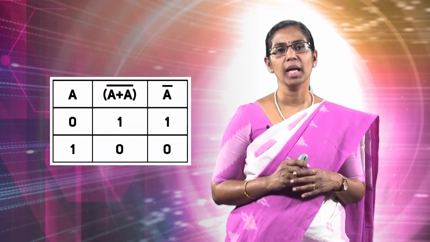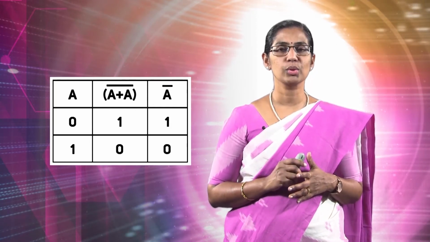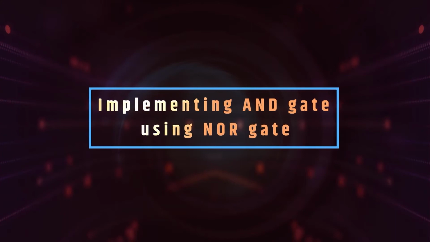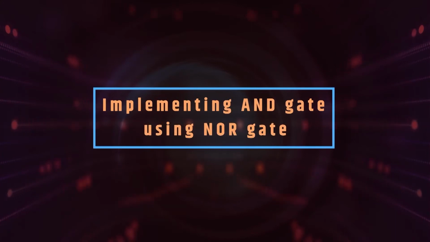Looking at the truth table, you can read the logic of implementing NOT by NOR. When A is 0, (A plus A) whole complement is 1 and A complement is 1. When A is 1, the second column gives you a 0 value, and A complement is also 0. Next, implementing AND gate using NOR gate.